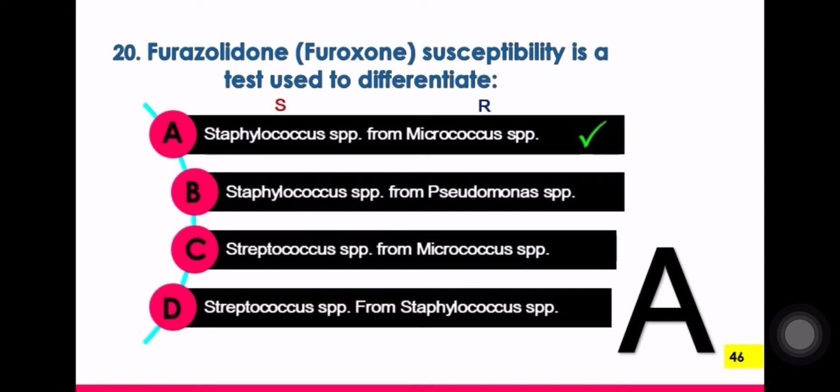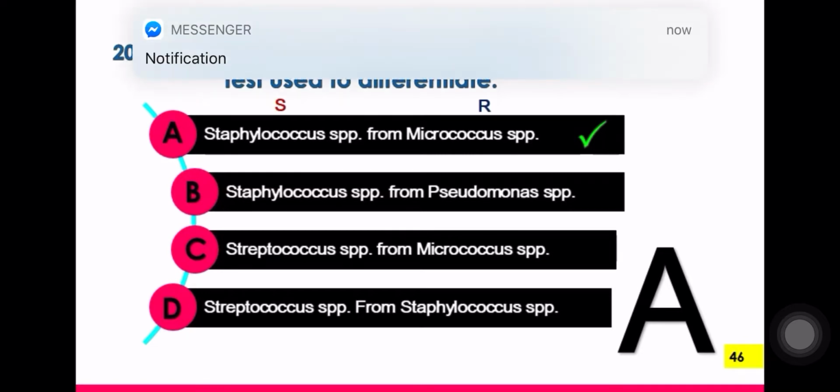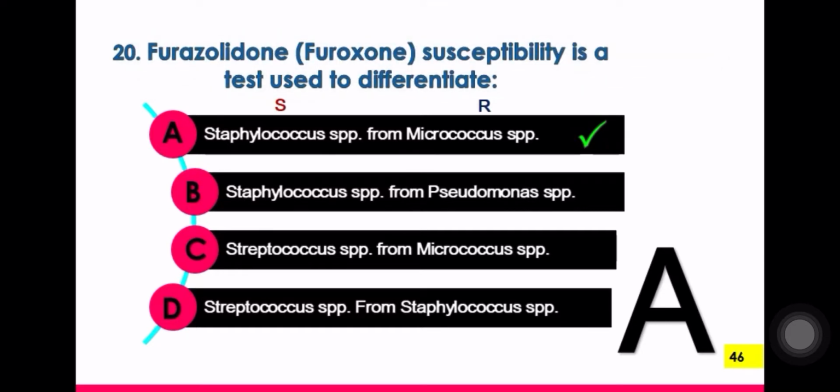Another one, to differentiate between Micrococcus and Staphylococcus, we also employ the OF, or oxidative fermentative, test. OF test is used to determine if the bacteria metabolize carbohydrates oxidatively, fermentatively, or non-saccharolytically, meaning the organism has no ability to use the carbohydrate in the medium.